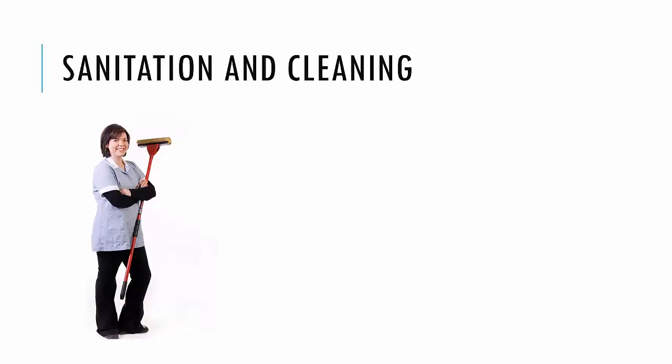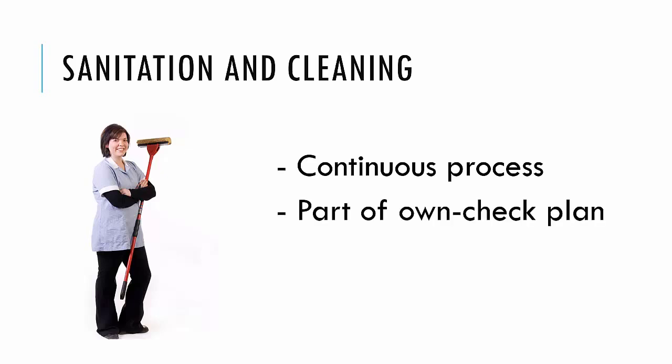They are often water soluble. Cleaning and sanitation of food premises is a continuous process. It's also part of the own check plan that every food premise must have for itself. It's something that's part of everyday work while working with food.